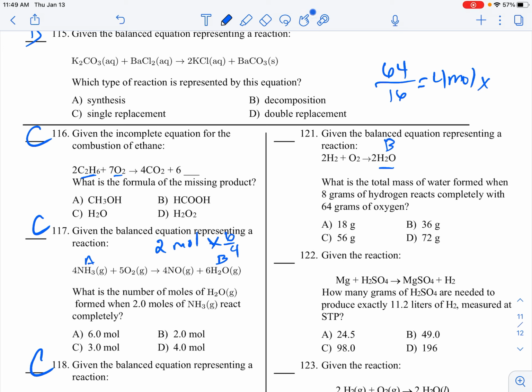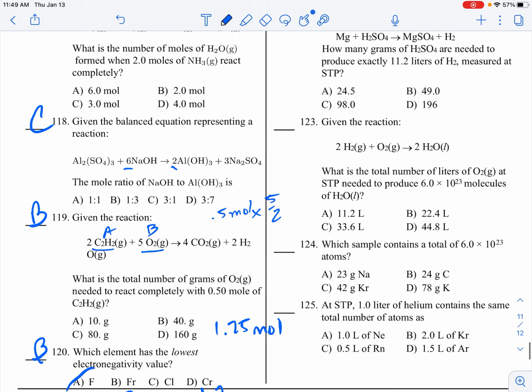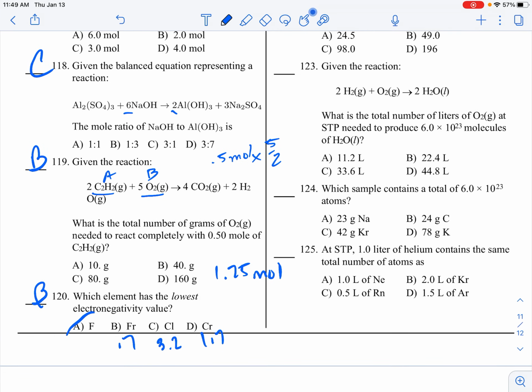Is this what I'm using? Yeah, I guess I'm using this. So a 2 over 1, so 8 moles of water. 8 times 18 is 144. I screwed it up. Coming back to that. I'll come back to those.